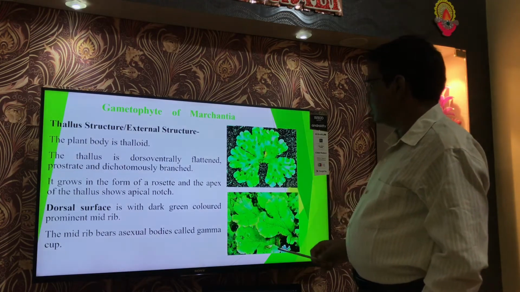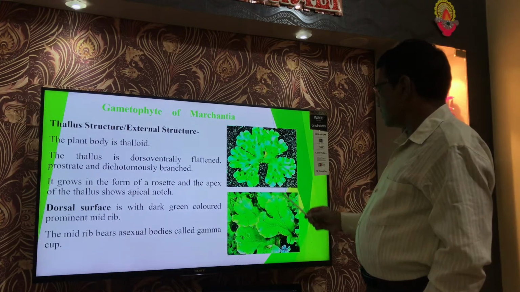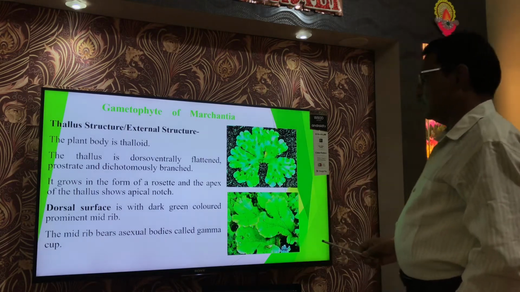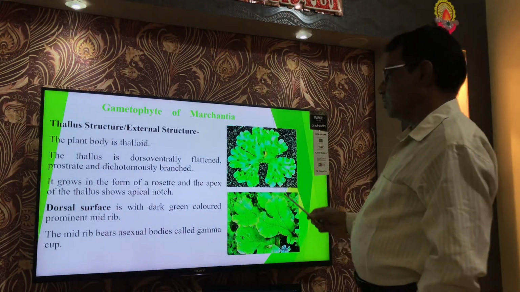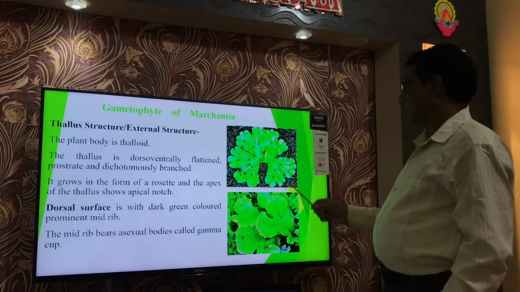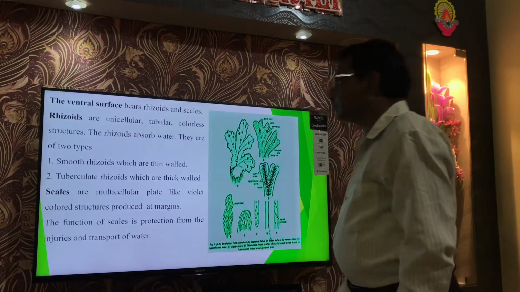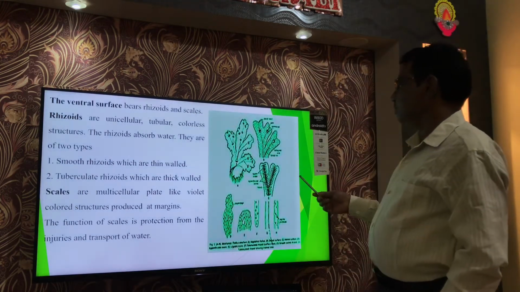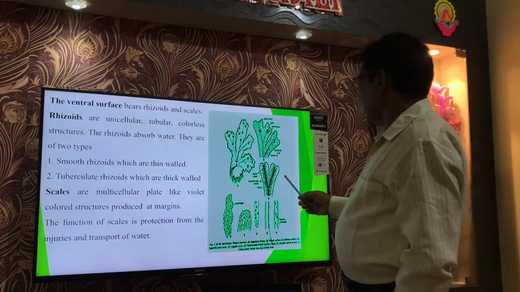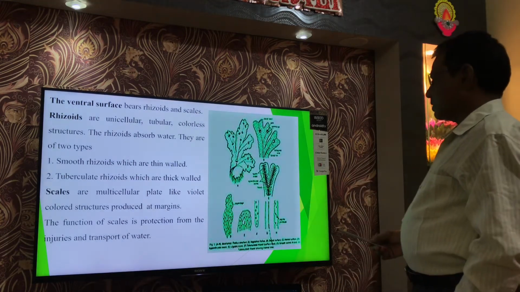If you observe the upper or dorsal surface, along with the midrib, you can see a large number of asexual bodies called gemma cups, which are the asexual reproductive structures. Then the ventral surface has a number of rhizoids and scales.